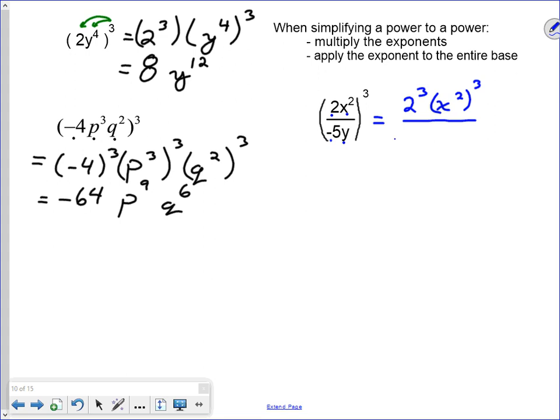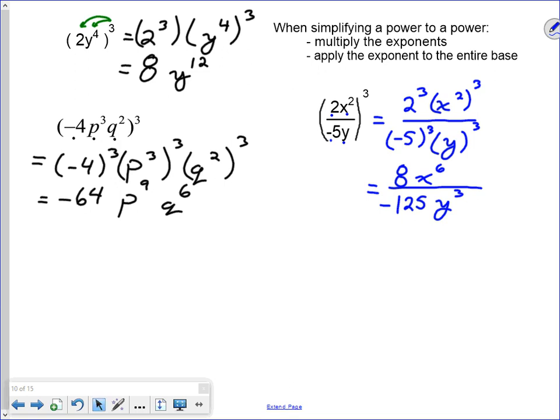In the denominator, negative 5 to the power of 3, y to the power of 3. And then we can evaluate each one. 2 to the 3 is 8. X, we're going to multiply the exponents to get a 6, all divided by negative 5 to the power of 3, which is negative 5 times 5 times 5, that is negative 125. And then y to the power of 3 is y to the power of 3.